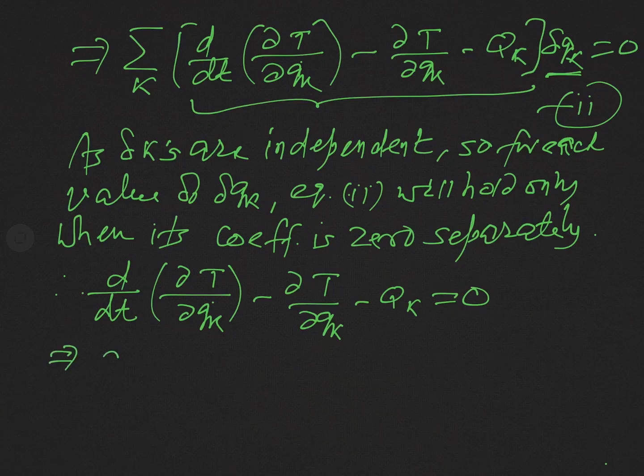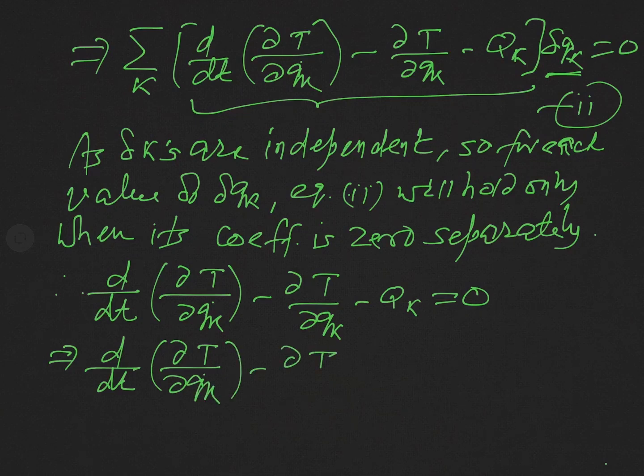And so we may write it as d dt of del T by del qk dot minus del T by del qk equal to Qk.